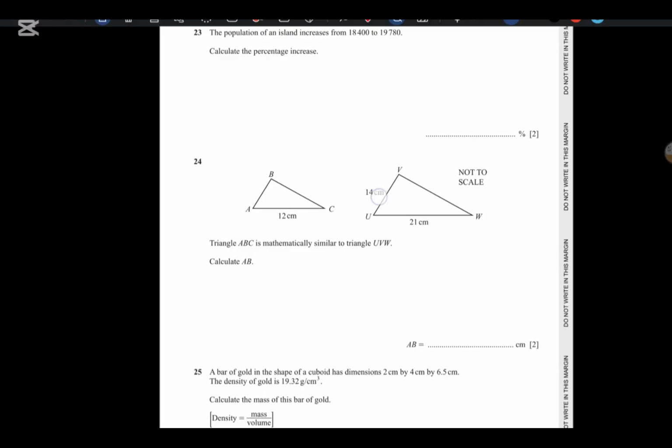Question number 23. The population of an island increases from 18,400 to 19,780. This is the increase of the population. Calculate the percentage increase.